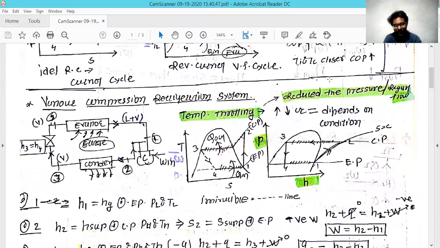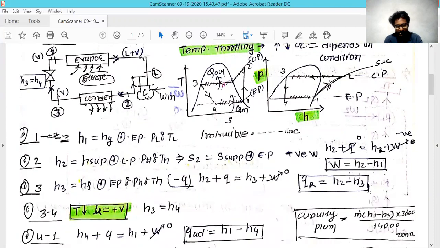So we have seen how this cycle is represented on these two diagrams, and we have also explained the entropy calculation at different points.